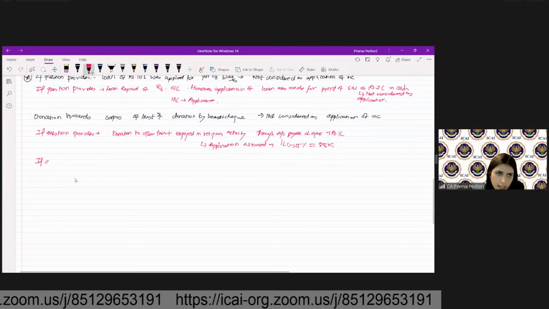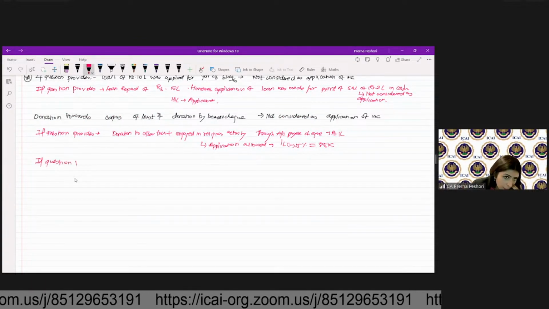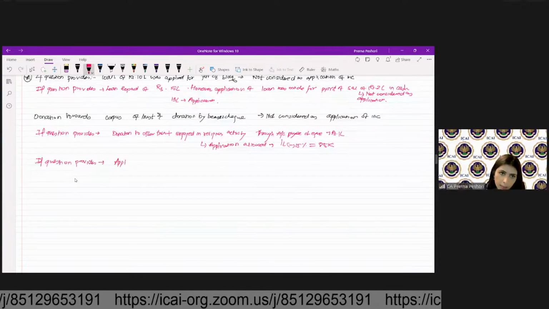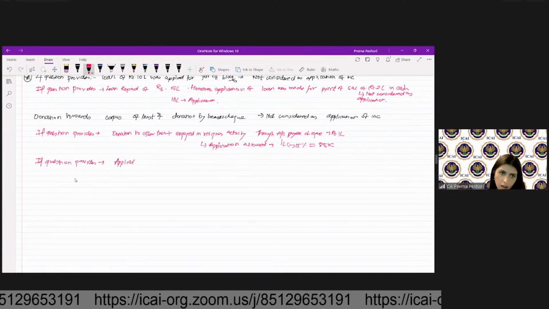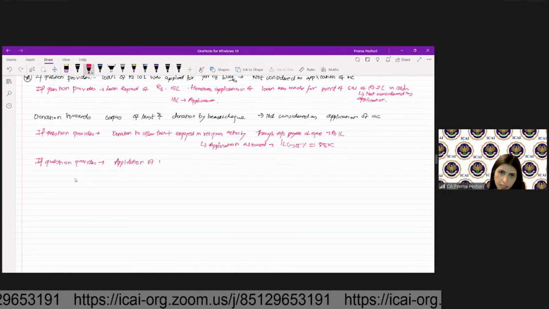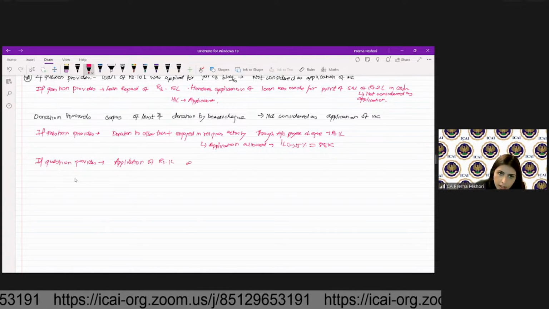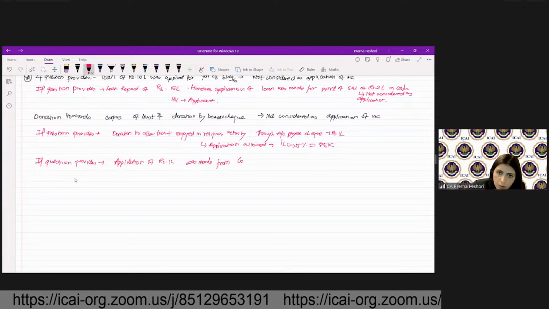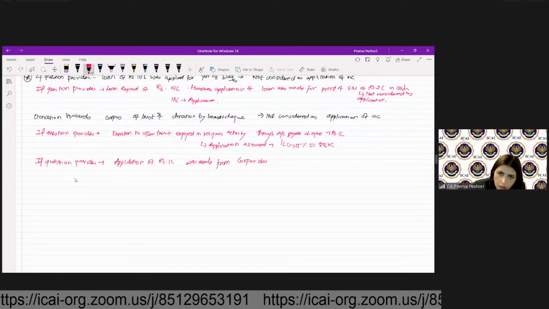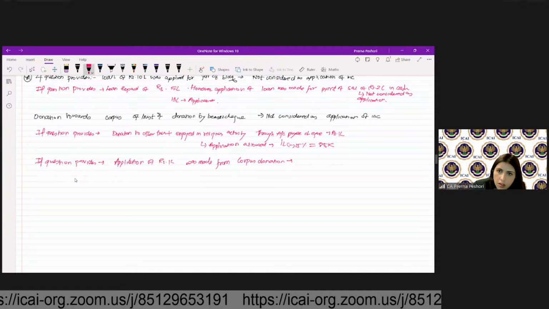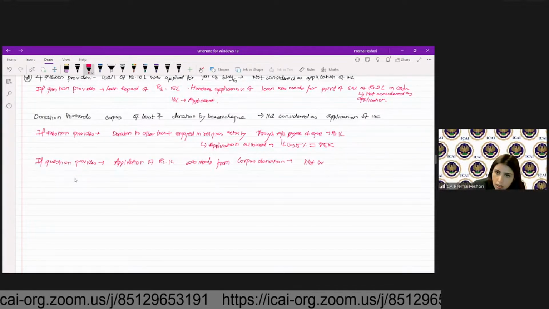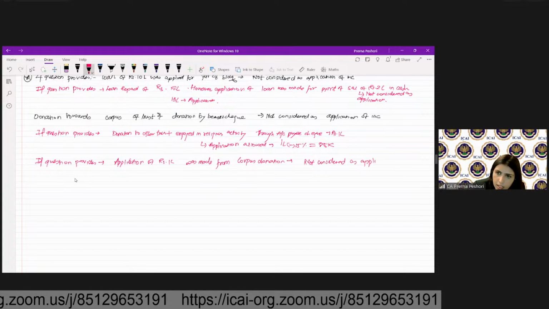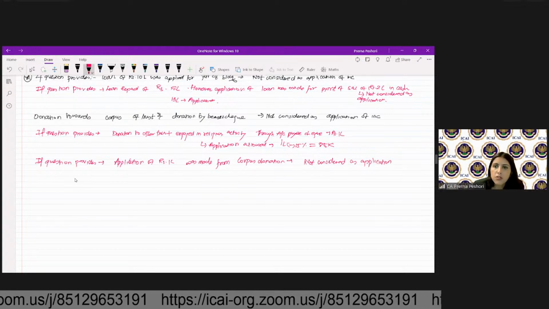Yes or no? So you can just write down over here. If question says application of rupees 1 lakh was made from corpus donation, this is not considered as the application.